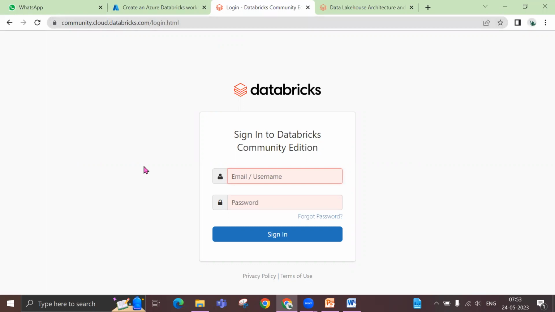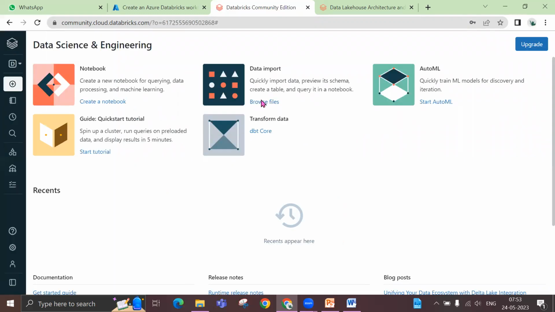It's not like Azure, like Microsoft, which is only a 30 day period. Okay, so you can create your own account. It just takes an email and password. Okay, and we'll be using this workspace in our day-to-day activities.